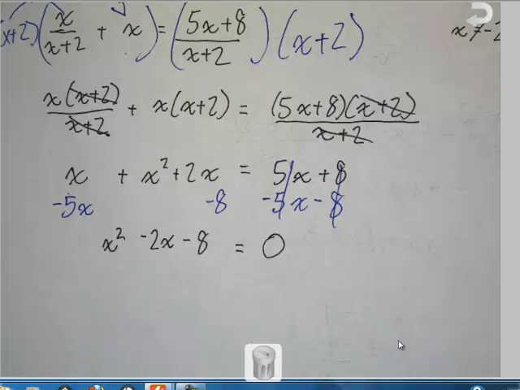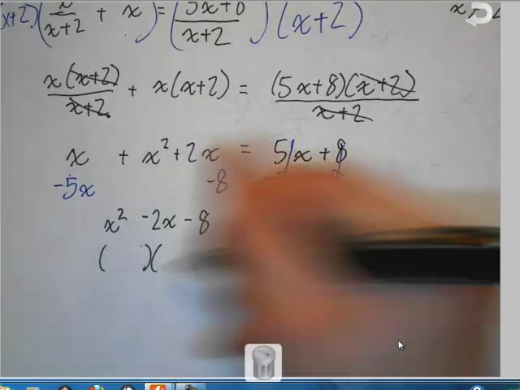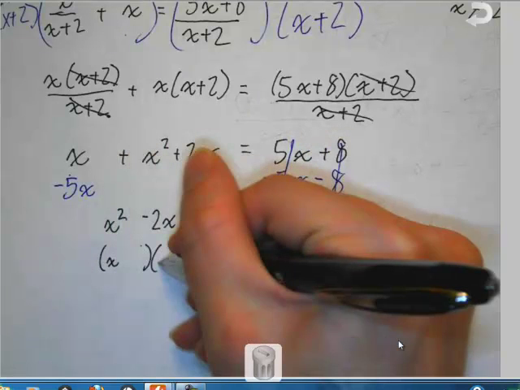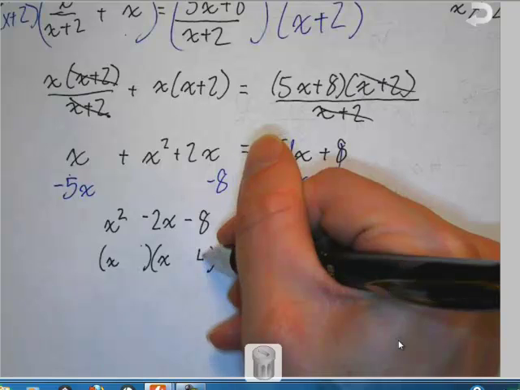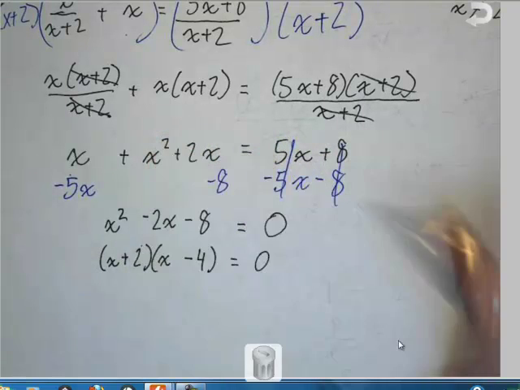Okay. Now, that being said, you are looking for the factors of negative 8 that have a difference of negative 2. You know that this is actually going to be x and x. You know that this is going to be 4 and 2. You know the 4 is going to be negative, and the 2 is going to be positive.